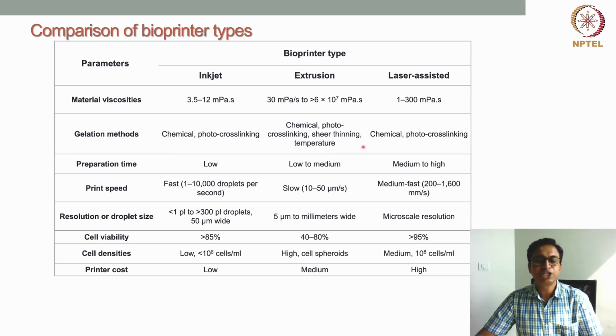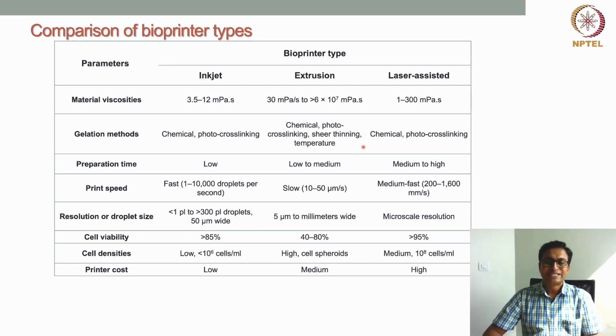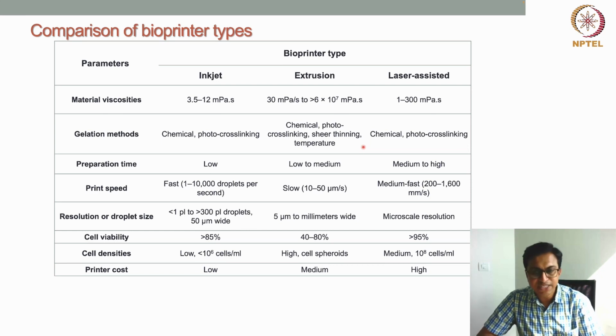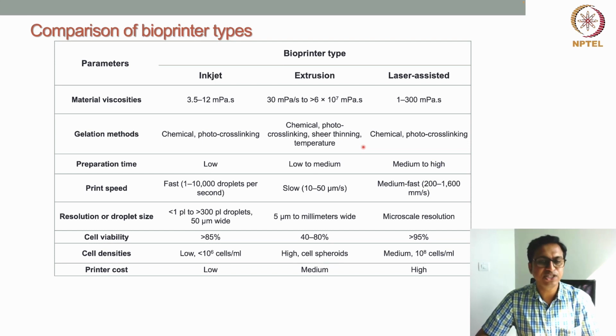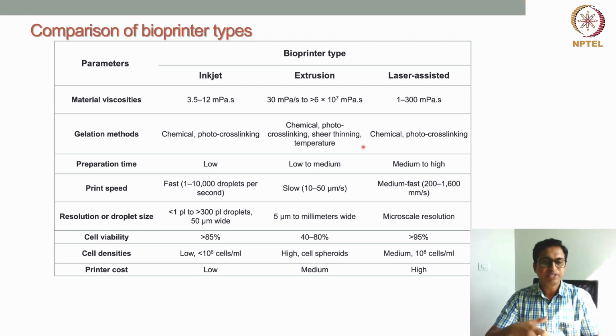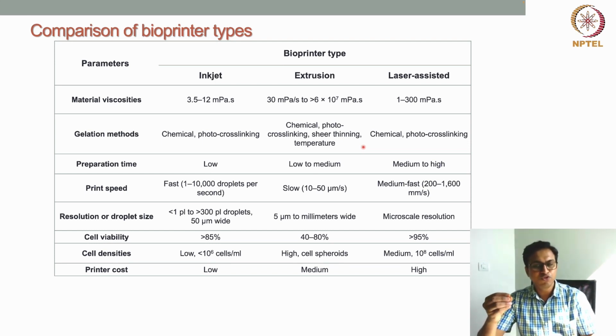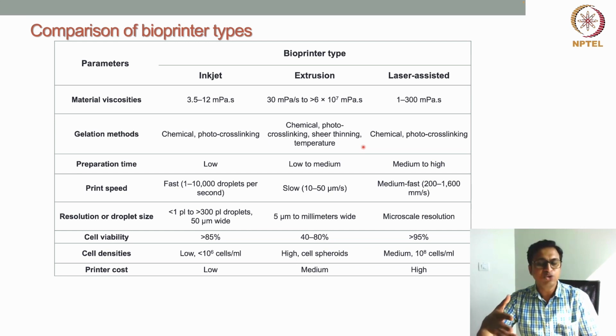Similarly, temperature-induced cross-linking can be another thing. Suppose I use a material that has temperature sensitivity. Let's take gelatin as an example. Gelatin has a critical transition temperature around 30 degrees centigrade. Above 30 degrees it behaves like a fluidic material, but below 30 degrees it behaves like a gel.